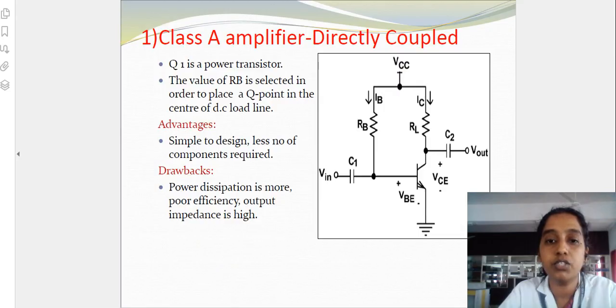So this is the general circuit diagram of the directly coupled. This is a fixed bias circuit. We have the load resistance across the collector circuit and the biasing resistance in the base of the transistor. So this is a directly coupled circuit.